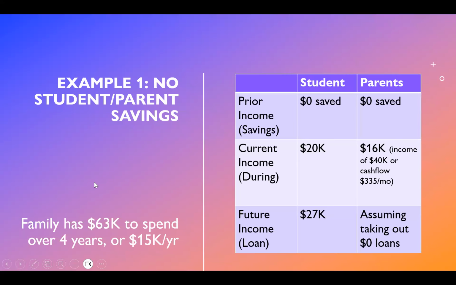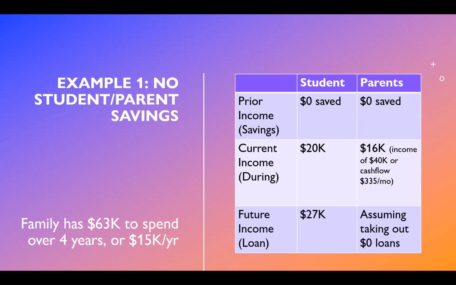So this is an example where the student hasn't saved any money, the parents haven't saved any money, and their income is about $40,000 a year. So under this scenario, the student would be working during the summer and during the school year, and could take out the $27,000 over the 4 years.